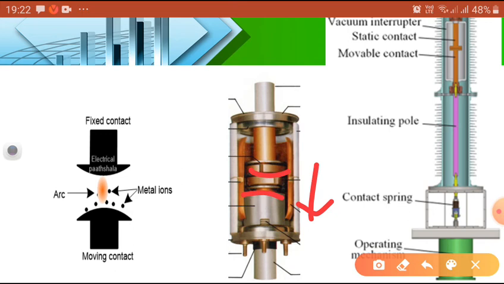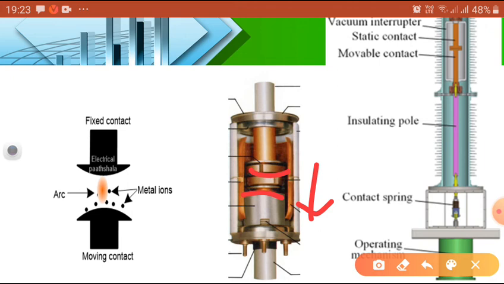Here there is no media. The contact metals' top surface generates metal vapors, through which the short circuit current tries to flow as charge particles. Then the arc develops. So here it is different from the previous one.